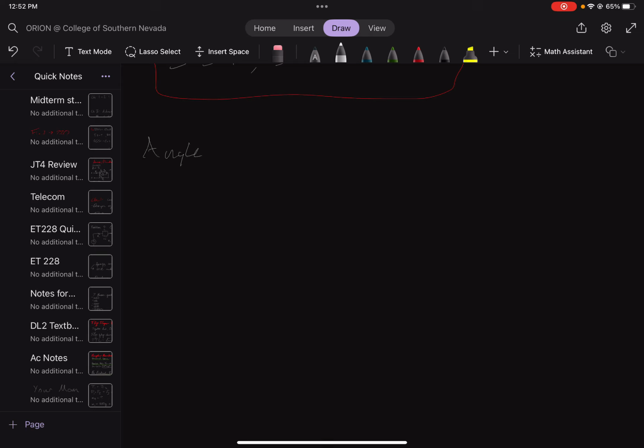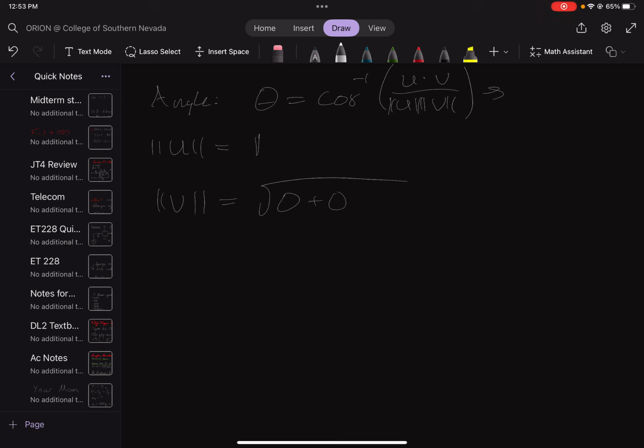So angle theta equals cosine inverse. So that, we already know the magnitude of u is going to be equal to 1 from before, from a problem before. We already calculated this. So magnitude of u is equal to 1, and the magnitude of v from before is going to be 375, because square root equals 375.